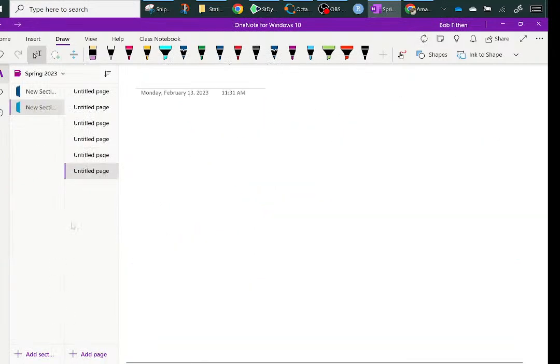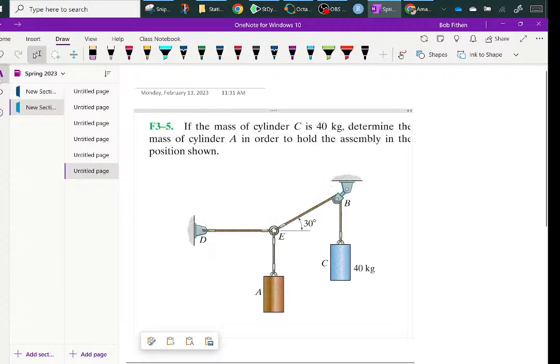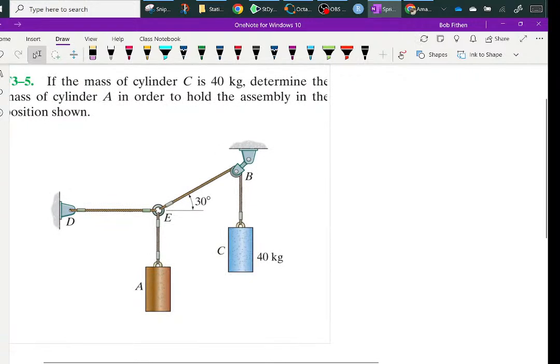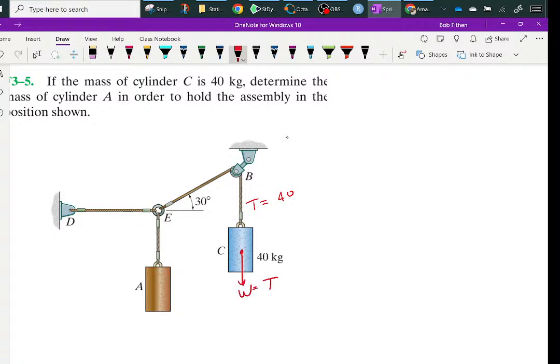I keep saying base vector; I want to be saying unit vector. First thing, you have to decipher something here. The mass of this is 40 kilograms. So the tension in this rope is from the weight, which is equal to 40 times 9.81, in newtons.